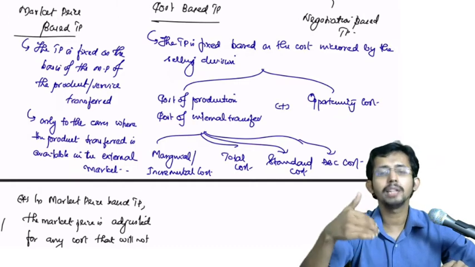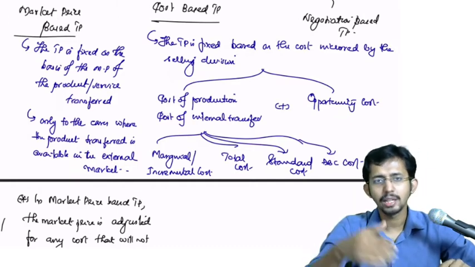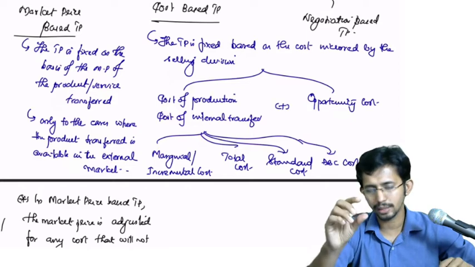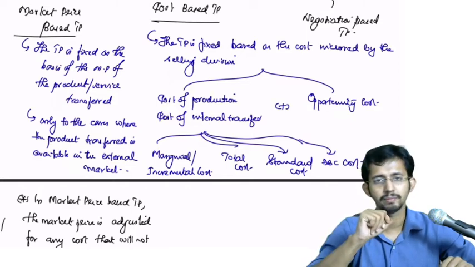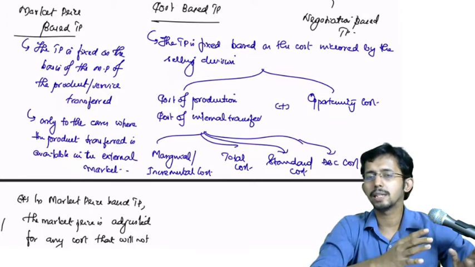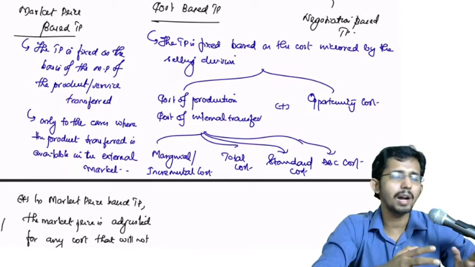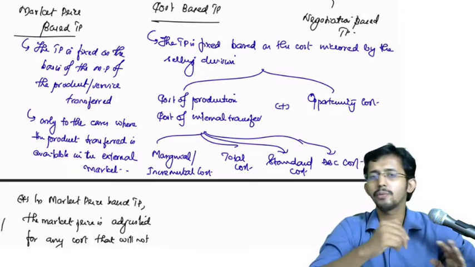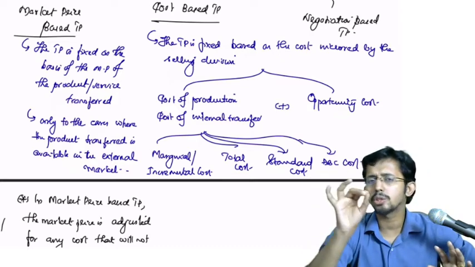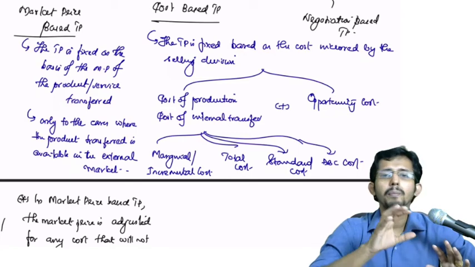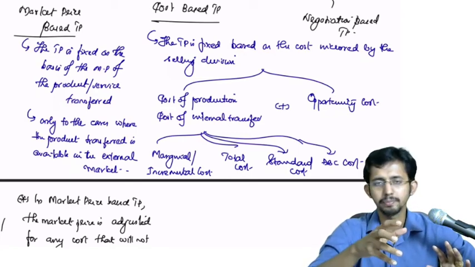Okay, on the other hand, if you are taking total cost as the basis, then the margin you are keeping is just sufficient to cover your profit. Okay, because while considering the total cost, you have considered the entire marginal cost, the variable cost, as well as the fixed overhead. Okay, so like that, depending upon the type of cost which you are selecting, your margin or markup will change.